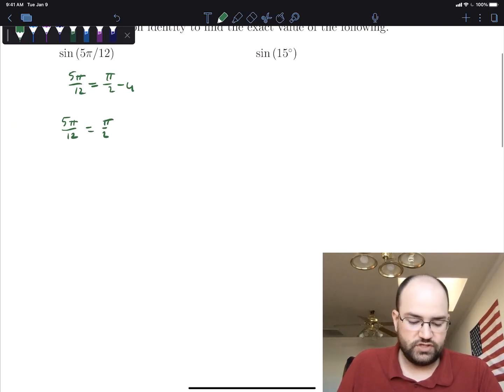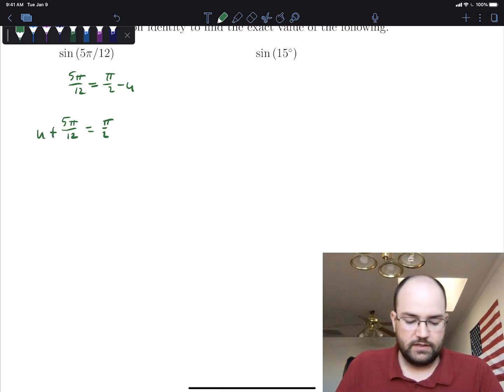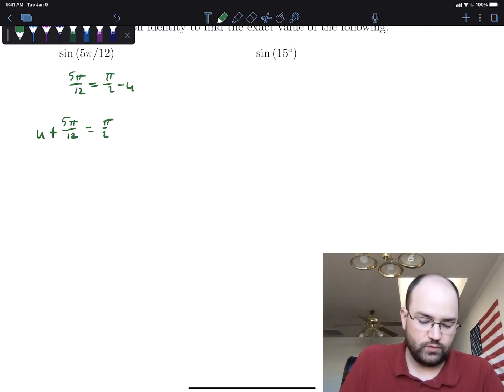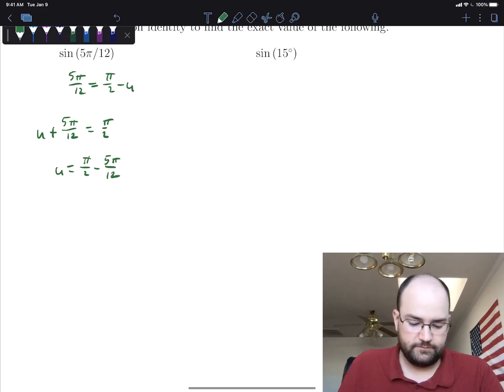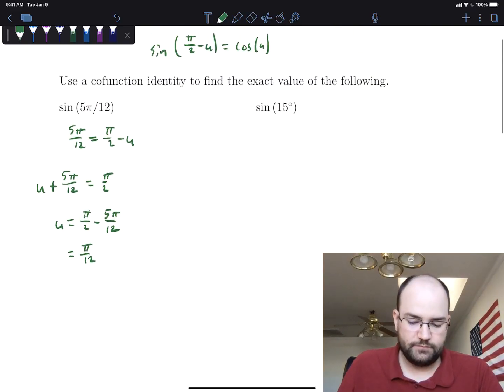Then subtract the 5 pi over 12, so u is pi over 2 minus 5 pi over 12, which simplifies as 6 pi over 12 minus 5 pi over 12, giving us pi over 12.